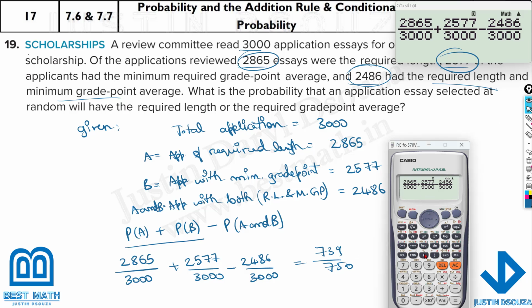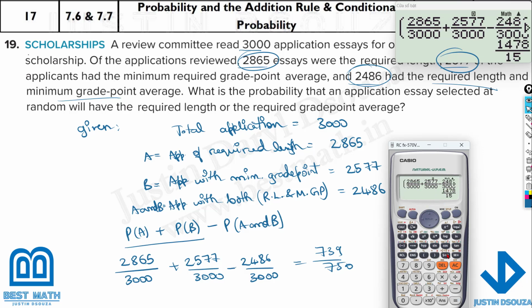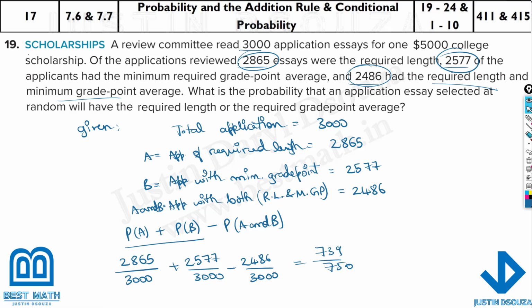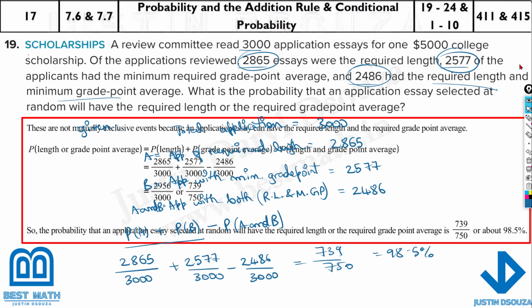You can put brackets and multiply it by 100. It's 98.5%. They have not told us to round off to the nearest tenth or anything. So 98.5%. Or you can write it as 0.985 as well. So that'll be the answer.